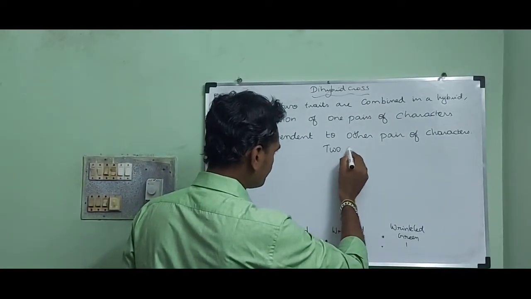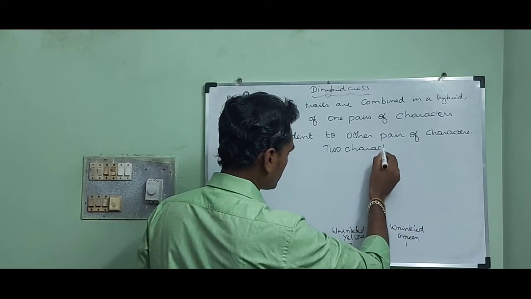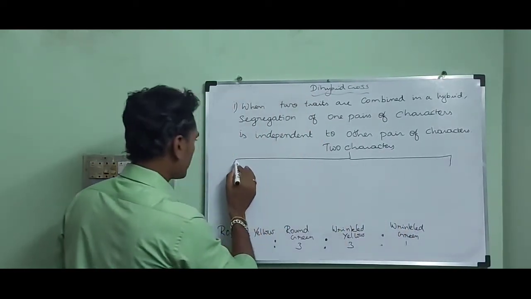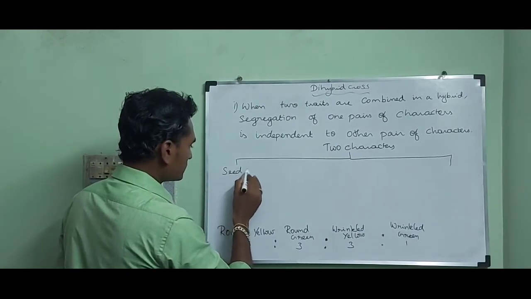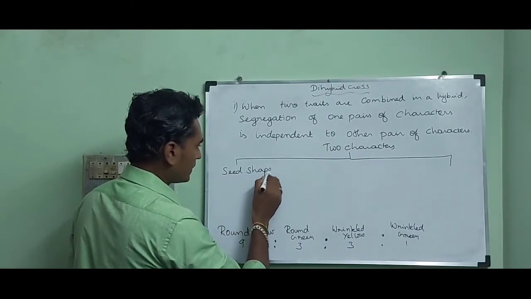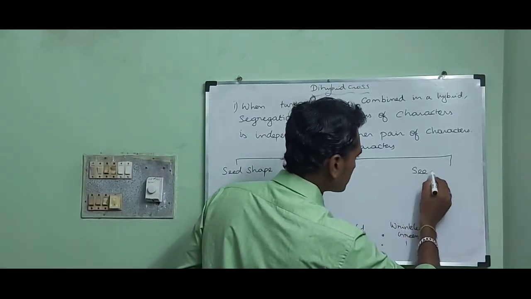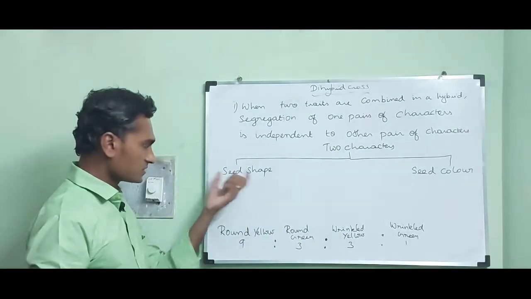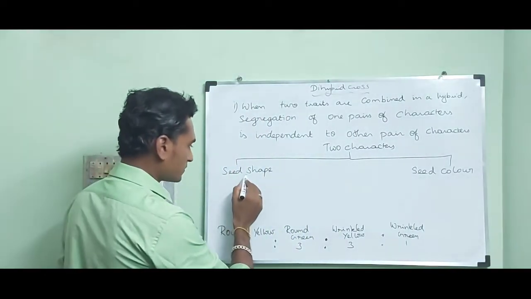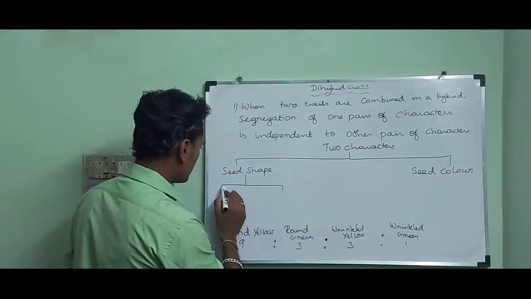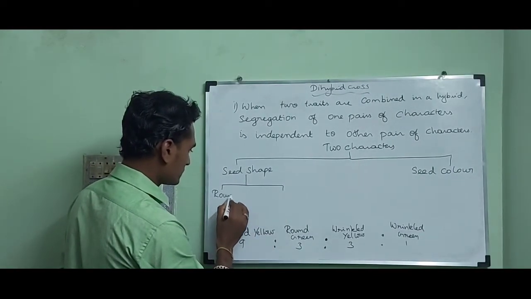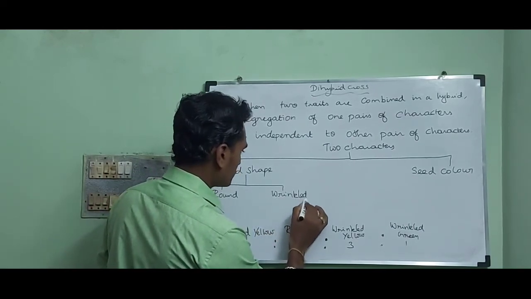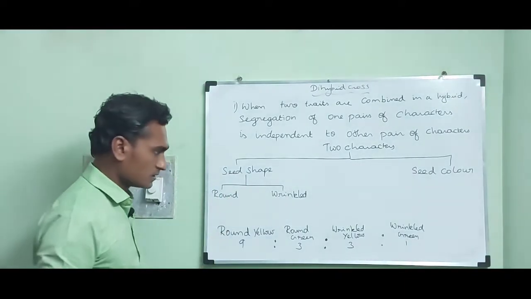They are seed shape and seed color. In seed shape, we have two possible traits. They are round and wrinkled. So the round trait is dominant over the wrinkled trait.